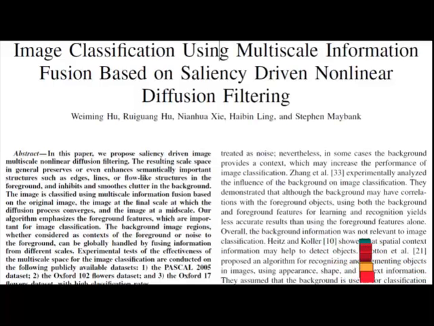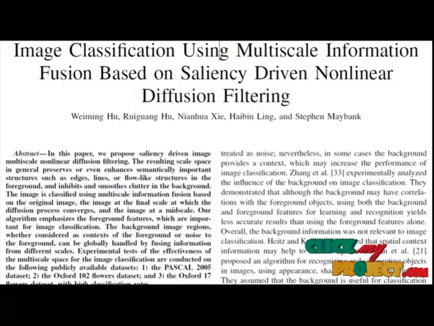The proposed system is saliency-driven image multiscale nonlinear diffusion filtering. The resulting scale space in general preserves or even enhances semantically important structures such as edges, lines, or flow-like structures in the foreground and inhibits the smooth clutter in the background.